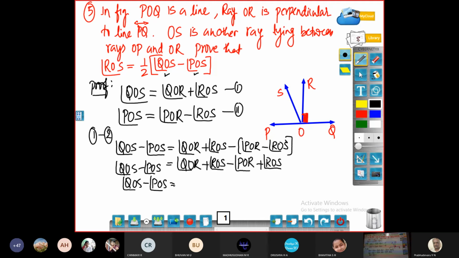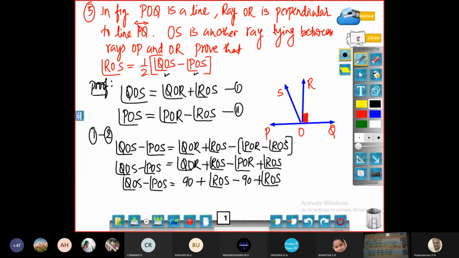So same thing, now let us write QOS minus POS as it is. Look at this angle QOR and POR. In place of this I can write 90 degrees, isn't it? ROS as it is, then minus 90 degrees, then this ROS as it is.